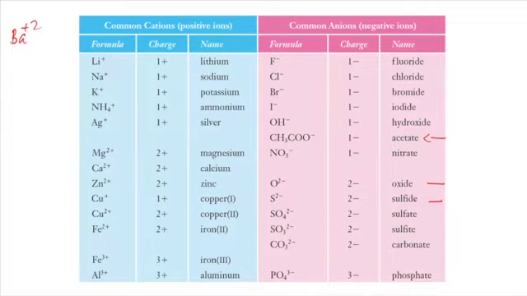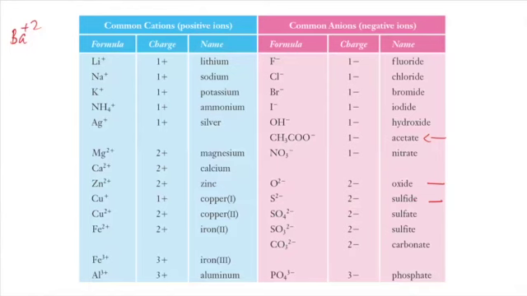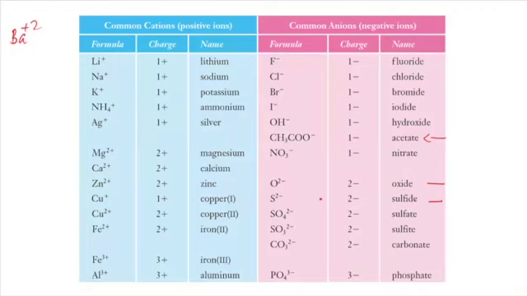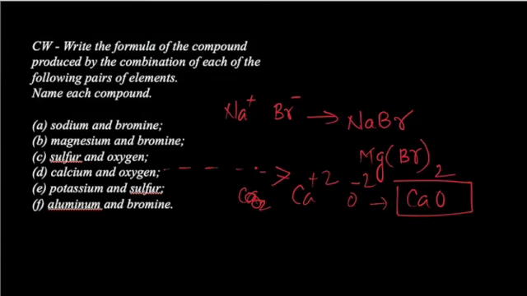How much charge? Plus 2, right? So Ca+2. And oxygen is how much? O2-. So we have O-2. What will this be? CaO. Okay, CaO. We have this calcium and oxygen.